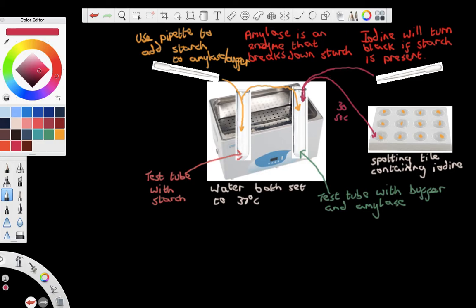I'm then going to take some more and add it to this one after 60 seconds. And then I'm going to take some of this again and add it to this one after 90 seconds. Okay? So I'm going to add amylase and starch every 30 seconds.